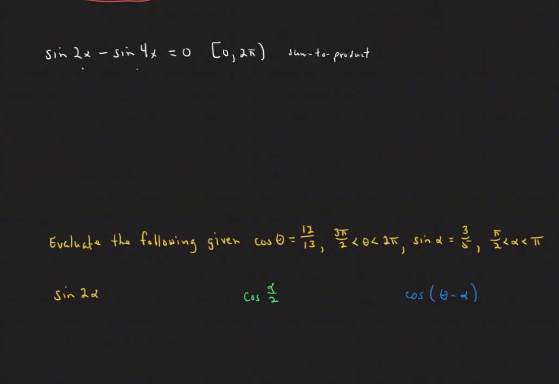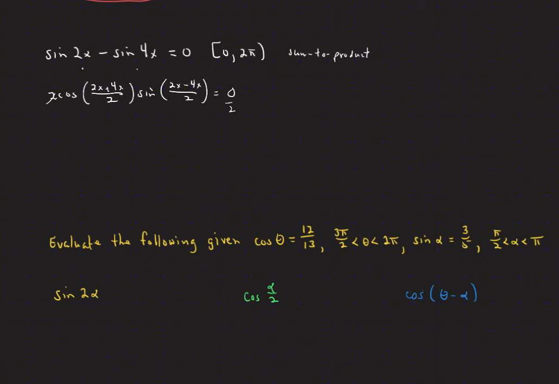So the sine minus sine is that second one. So we're going to say that that's going to be 2 cosine of, and we're going to add those angles, 2x plus 4x, and divide by 2, times a sine of, and we're going to subtract those, 2x minus 4x divided by 2, and that's now going to equal 0.